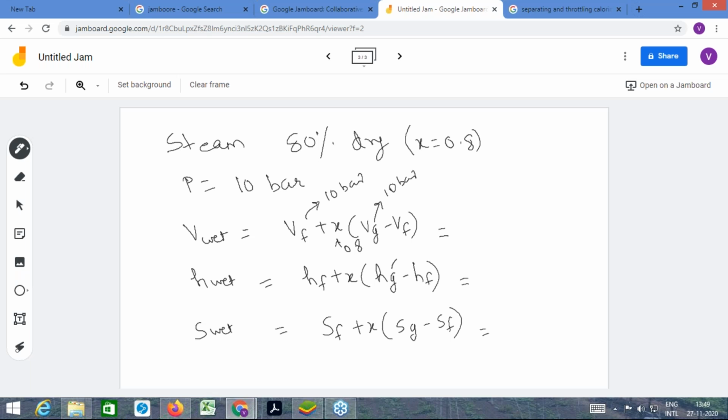Similarly, enthalpy of dry saturated steam and enthalpy of saturated liquid at 10 bar, and entropy of saturated liquid and entropy of dry saturated steam at 10 bar. In all the cases, the X value is 0.8.